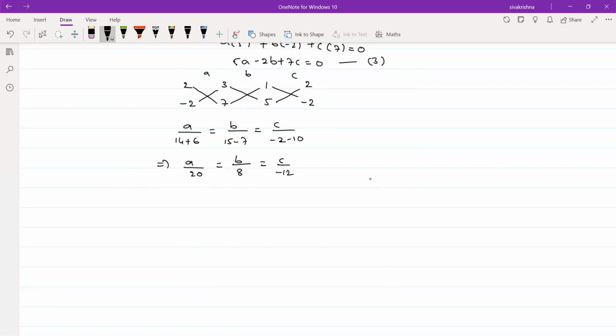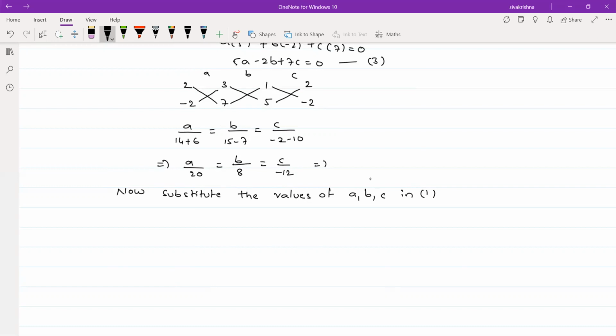So after getting a, b, c values, now we have to substitute the values of a, b, c in equation 1. Here we can also simplify the values of a, b, c from here.